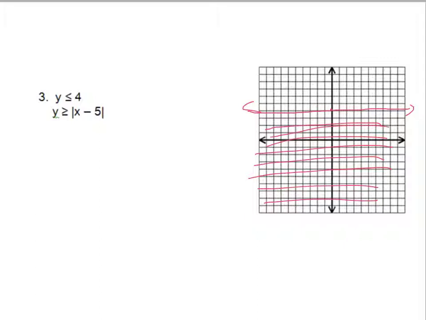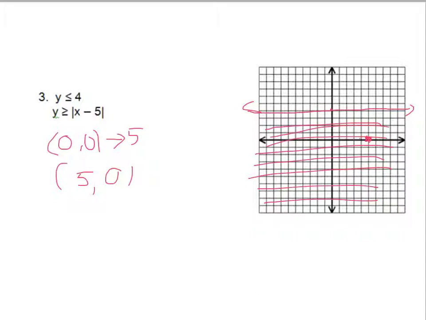Alright, now y is less than or equal to the absolute value of x minus 5. That is going to be my parent function with the vertex at 0, 0, shifted to the right 5. So my vertex is now going to be 5, 0. 1, 2, 3, 4, 5.